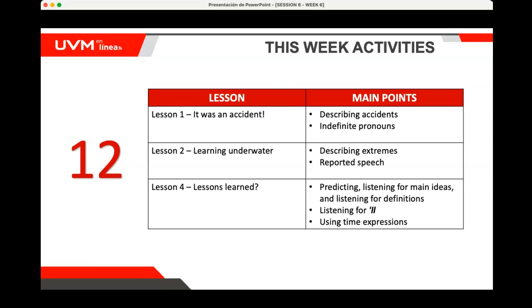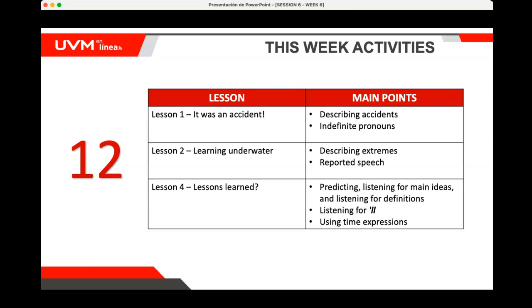In the first one, you learn words about accidents, how to describe an accident. Then in the grammatical section, you learn how to use indefinite pronouns.